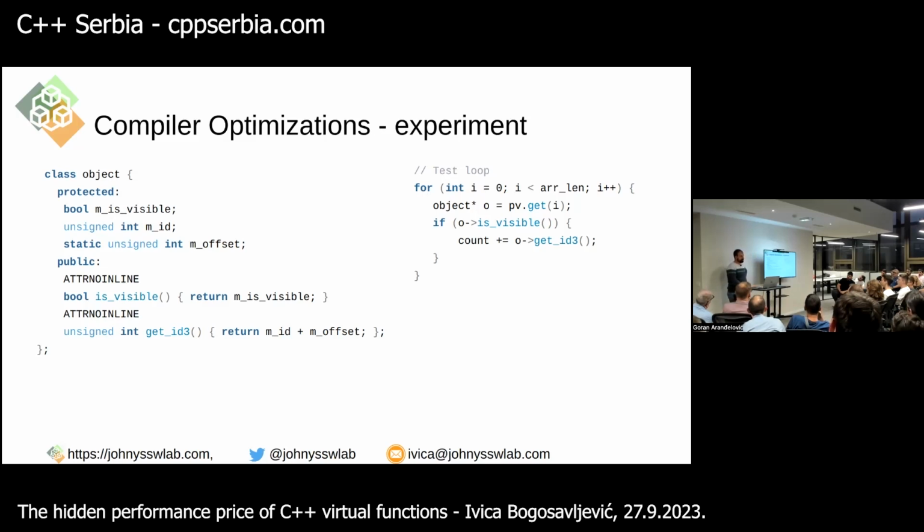But m_id is different for each instance, so it cannot move it. M_offset, yeah. M_offset is the same for all. So it loaded it once in a register and kept it in the register all the time for the non-virtual call that was inline. Actually, if I remember correctly, in this example, it wasn't about virtual functions.